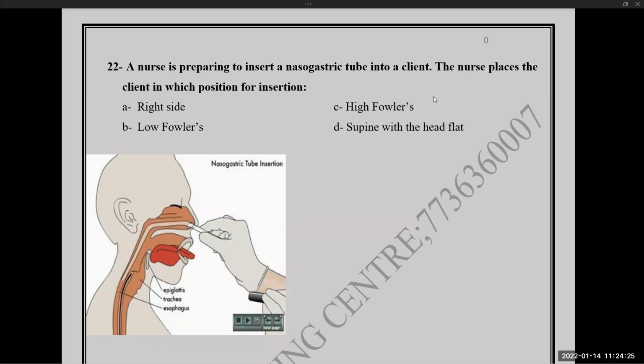A child is admitted with intussusception. What is intussusception? Intussusception is telescoping of the small intestine into the large intestine. On the screen, you can just look at this.